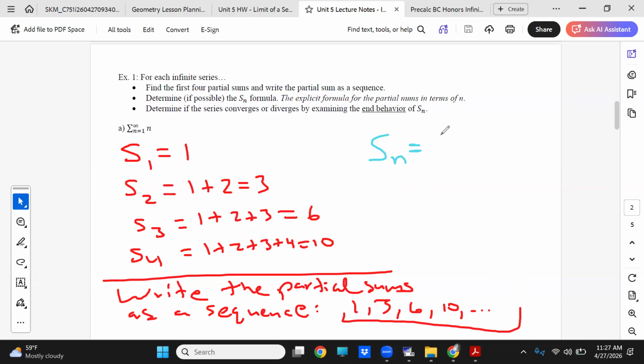Anyone have an idea how I could write that explicitly? No ideas? Sorry, say again. N over 2.